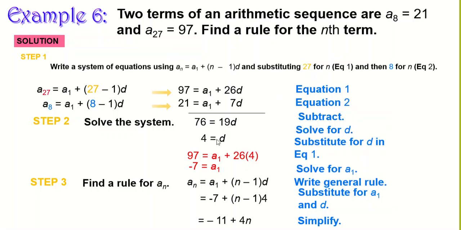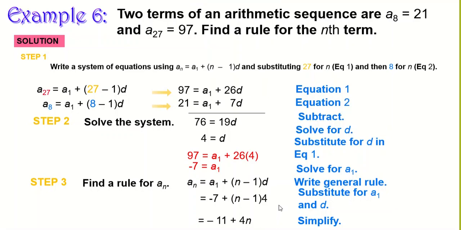Once you are able to solve for a variable, for this example, we have solved for the value of d, that is 4. You can use the value of your d to solve for your a sub 1. So here, a sub 1 is negative 7. And simply substitute a sub 1 as negative 7 and your d as 4. So the general formula for this arithmetic sequence is negative 11 plus 4n.